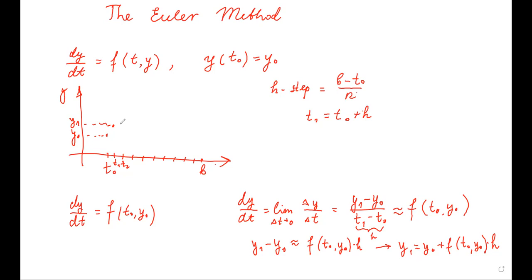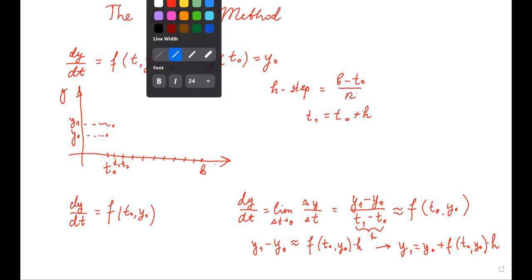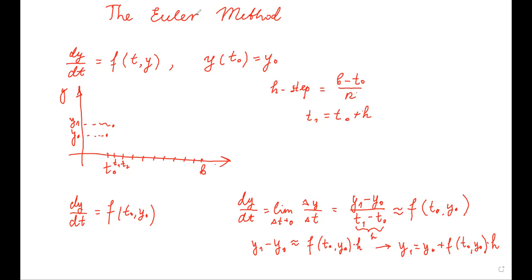I'm going to write the general formula for Euler's method. Let me change the color so I can still keep it on the same board. So the general formula: y i plus 1 on the next step equals y on the previous step plus the function at the previous step i multiplied by the step.